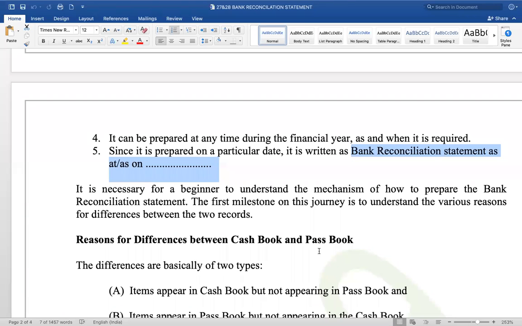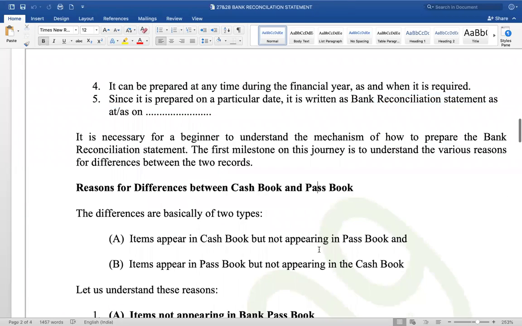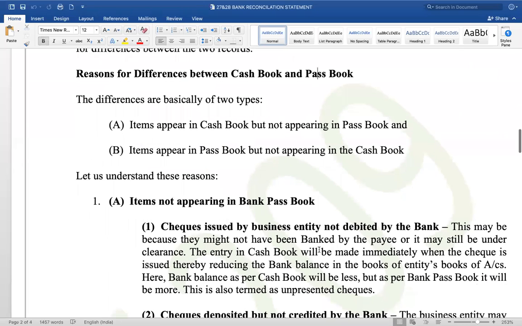Now, what are the reasons for differences between cash book and passbook? Why the differences? Let's understand that there are basically 2 types of differences.